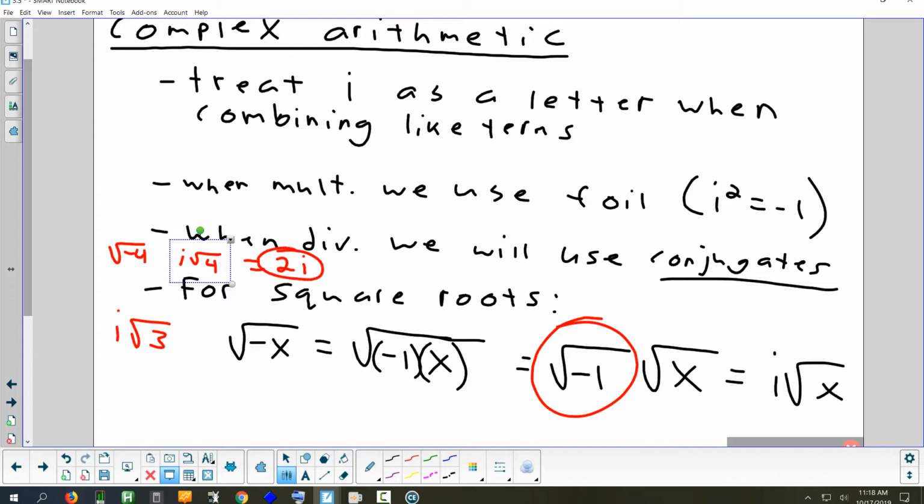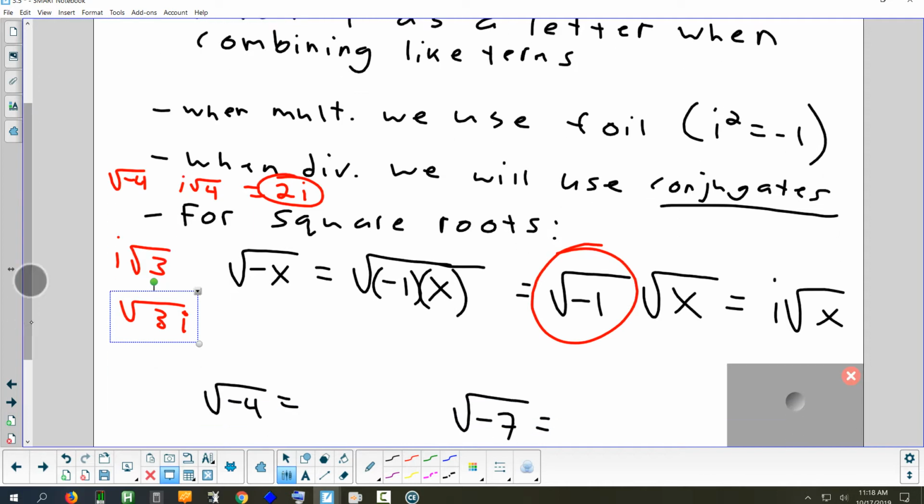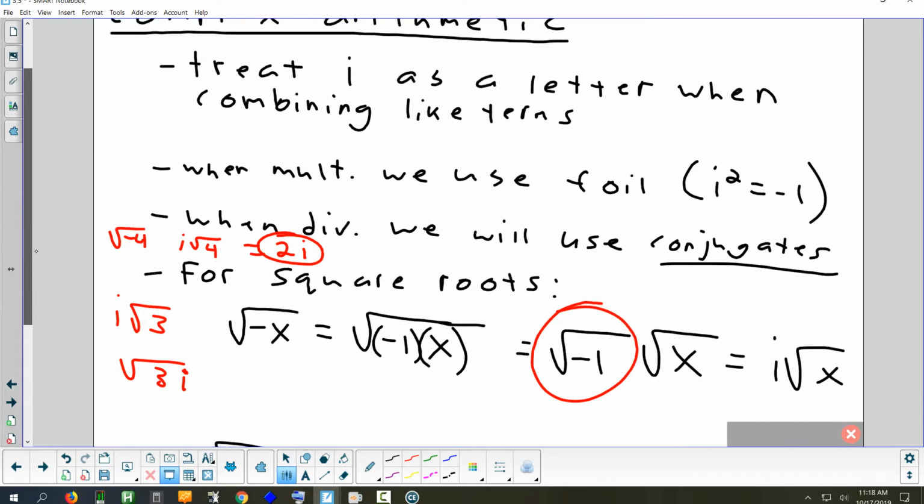You might be like, well, why do we put the i after it here and before it here? Because if I wrote this, what's confusing about that? If I wanted these to mean the same thing, the bottom one looks confusing to me. You might think it's the square root of 3 times i.